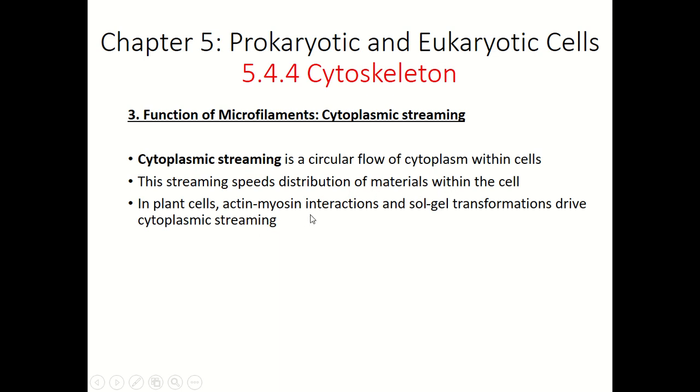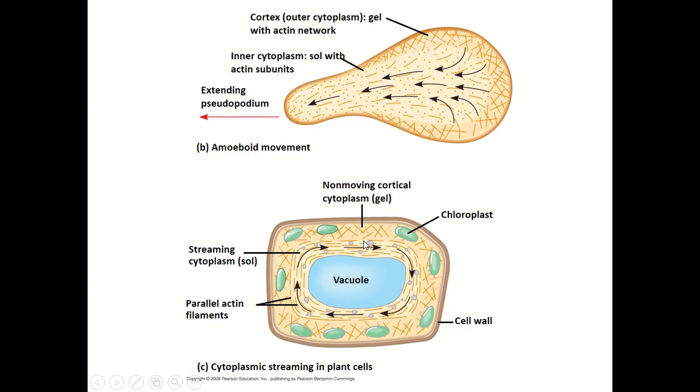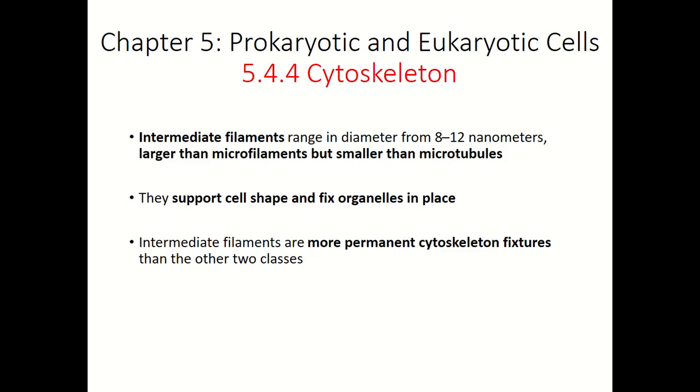In plant cells, actin from the actin filament and myosin from the thick filament, through their interaction and sol-gel transformation, drive the cytoplasmic streaming. See how the amoeba movement and the cytoplasmic streaming movement look; microfilaments are responsible for these two types of movement inside the cell.